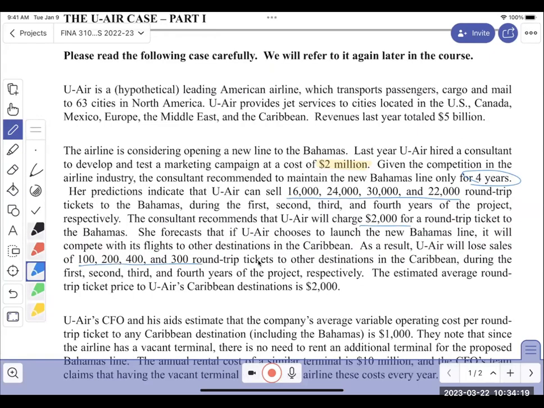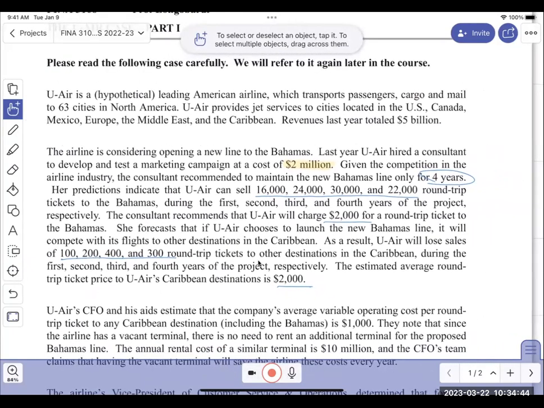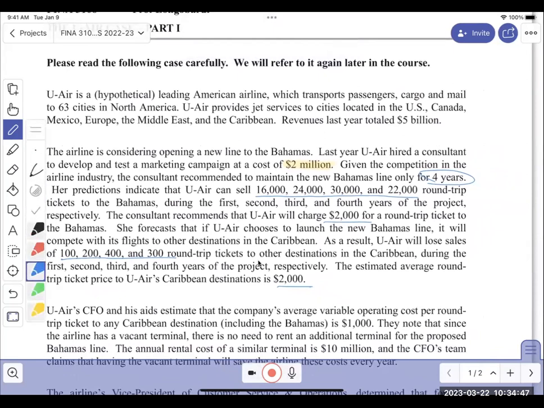And the revenue from those other destinations is also estimated. Sorry, not cost, but revenue is $2,000 a flight, approximately. Well, what we'll call these are incremental. These will make incremental cash flows.